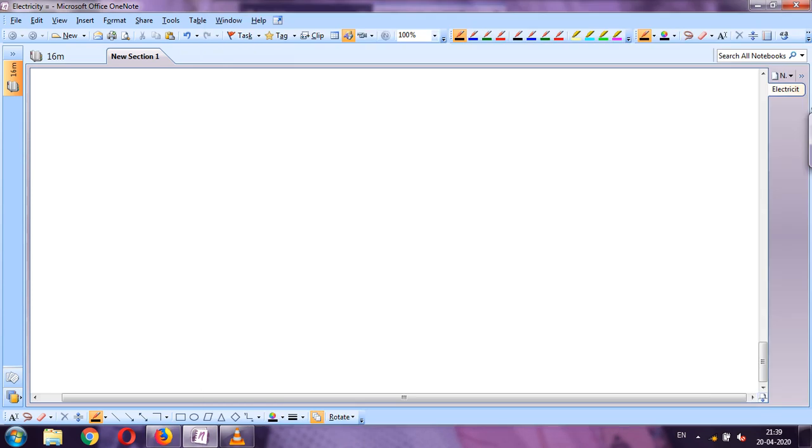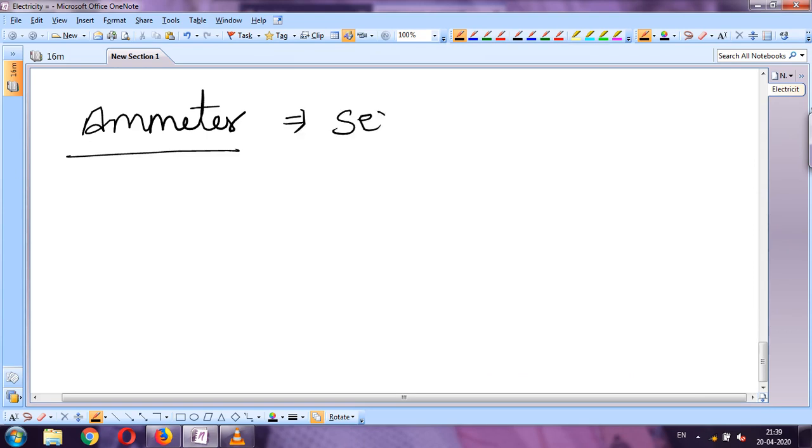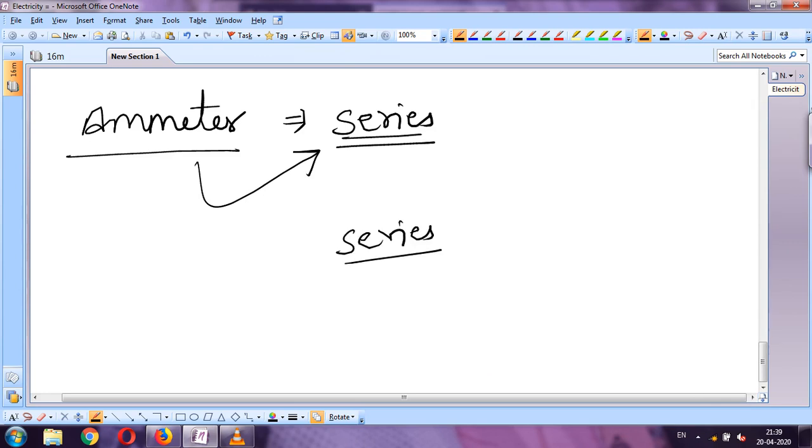One more thing I left about the ammeter: an ammeter is always connected in series. Just now we studied the electric circuit, so in the electric circuit, how will this ammeter be connected? It will be connected in series. There are two ways of connecting: either you can connect in series or you can connect in parallel.